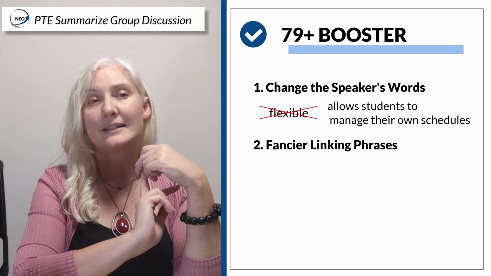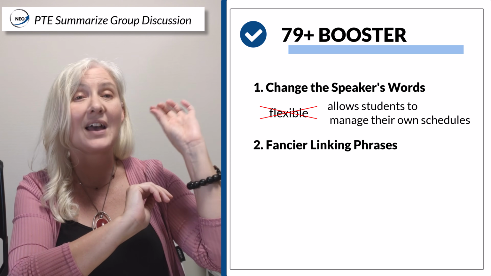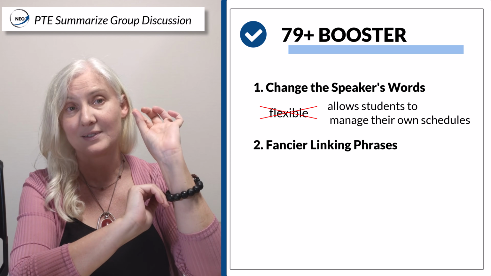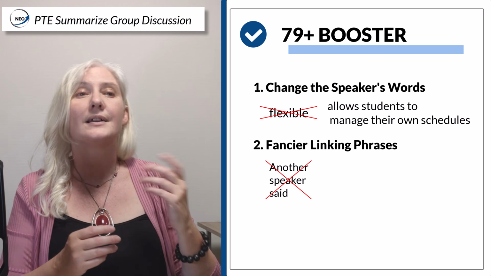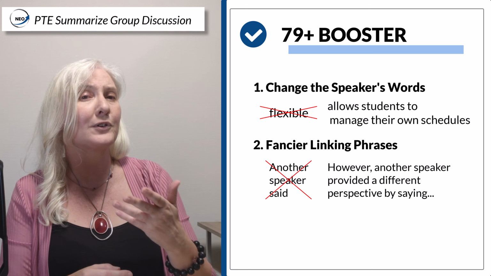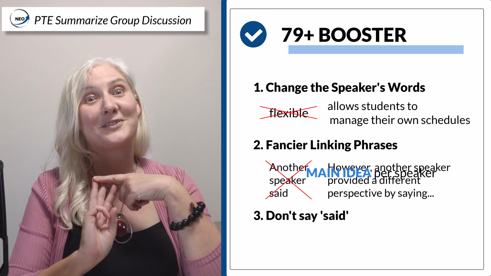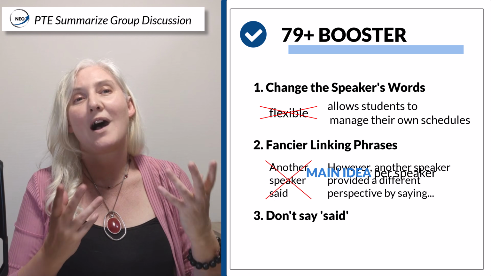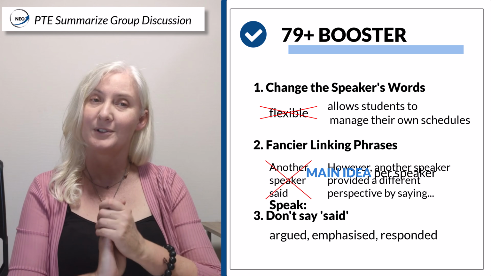If you can easily remember the simple template I gave you, try to upgrade it with fancier, more specific phrases. Don't say, "Another speaker said." Say, "However, another speaker provided a different perspective by saying." 3. Don't say "said." Use wider vocabulary. Argued, emphasized, responded.